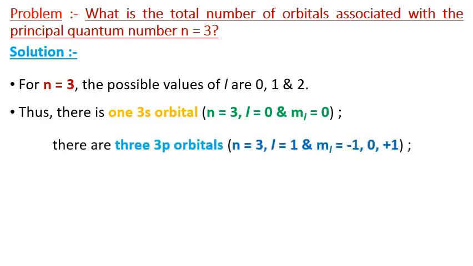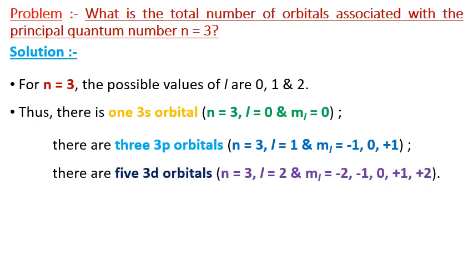There are three 3p orbitals whose values are n is equal to 3, l is equal to 1 and ml values are minus 1, 0, plus 1. There are 5 3d orbitals whose n value is 3, l value is 2 and ml values are minus 2, minus 1, 0, plus 1, plus 2.